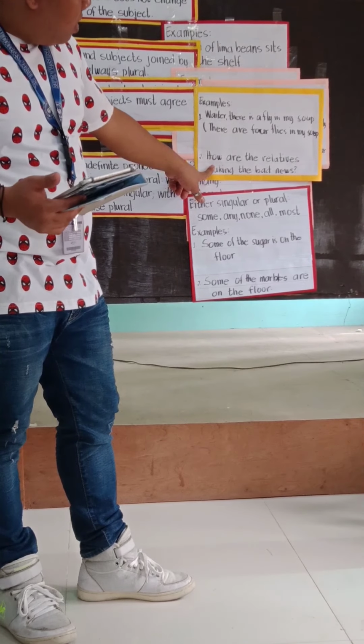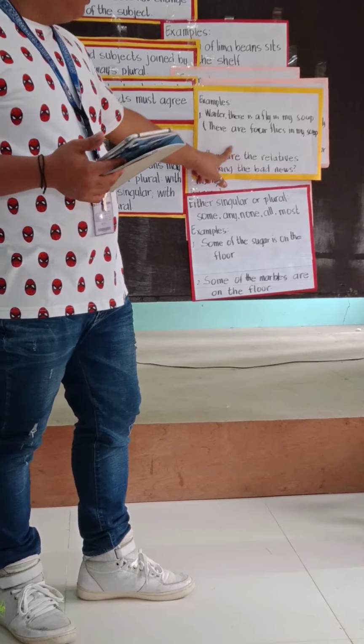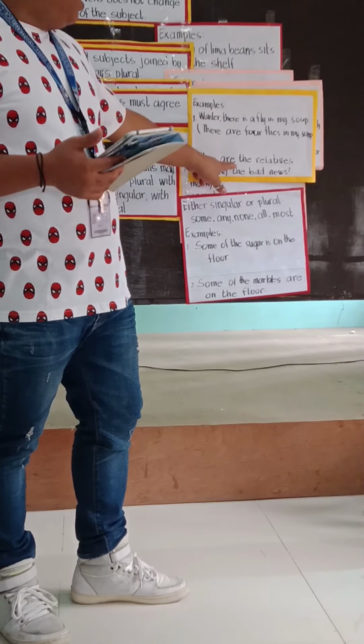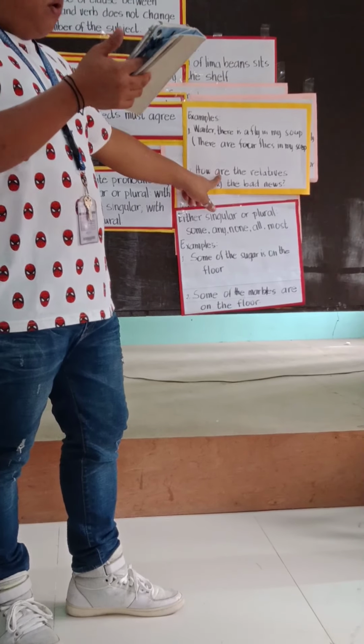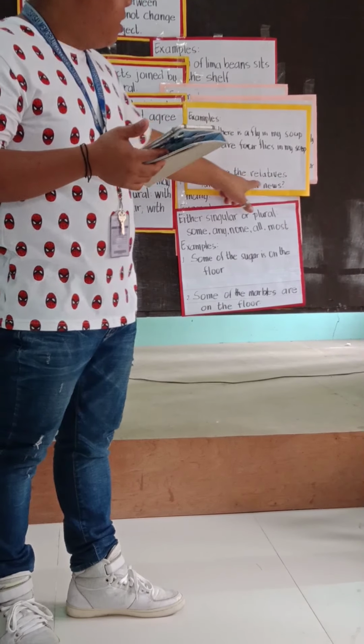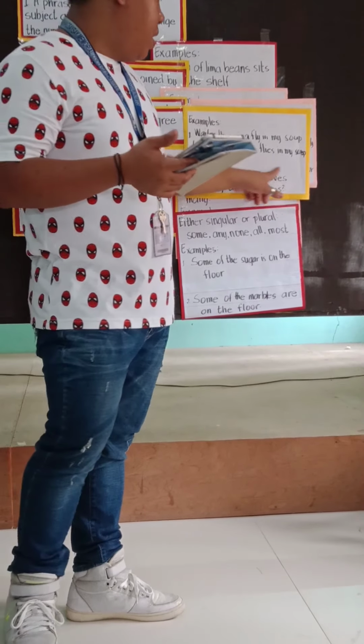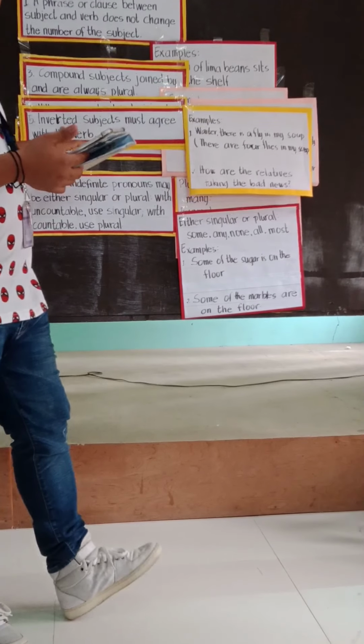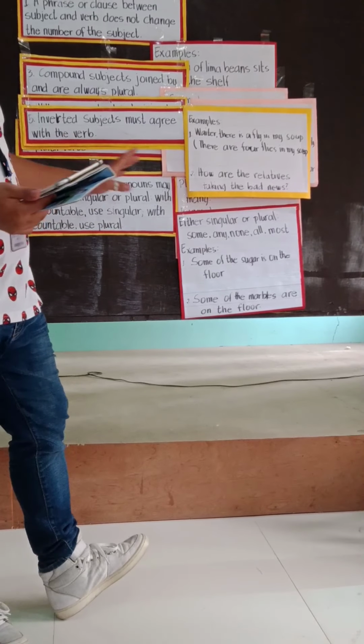In this example, are is the verb in a plural form, and the subject, the relatives, is in a plural form also. That is, the inverted subject must agree with the verb.